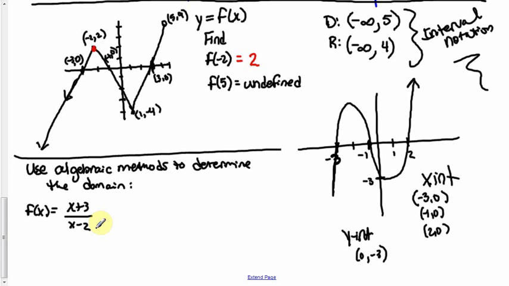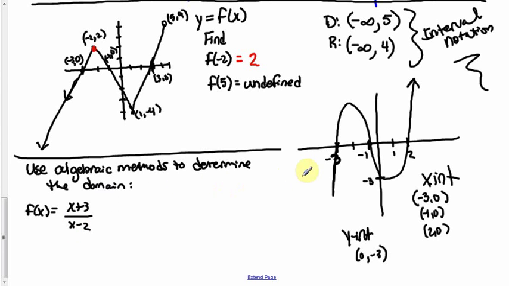We're going to immediately recognize that the function is a fraction, right? And then bells are going to go off inside our head telling us, ooh, fractions can't have denominators of 0. So your domain will be every real number except the ones that cause the function to be undefined.